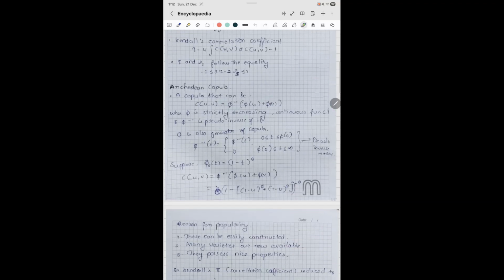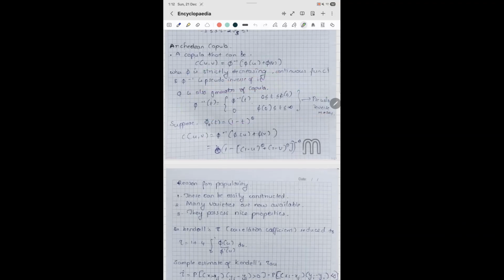Next is the Archimedean Copula, a Copula that can be written in the form phi inverse of phi of u plus phi of v. Phi inverse here is the pseudo inverse, whose definition is given in these notes. An example is phi theta of t equal to (1 minus t) to the power theta.